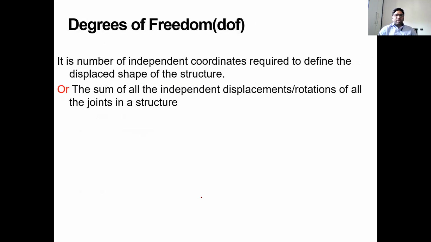So both are the same. Now let us try to define the degrees of freedom. It is the number of independent coordinates required to define the displaced shape of the structure.